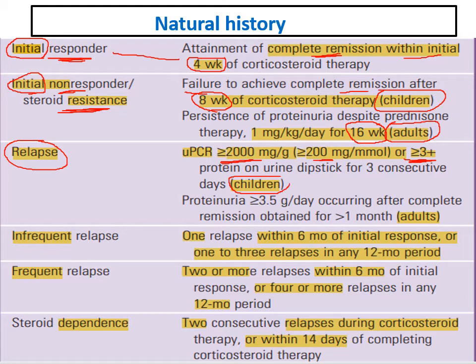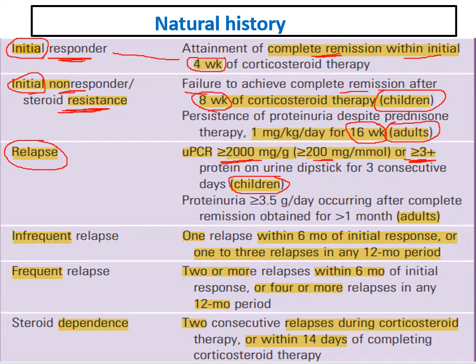In children, I can define this child as having a relapse either by urinary protein to creatinine ratio more than 2 gram, or in urinary dipstick if there is 3 or more plus protein in urine for 3 consecutive days.